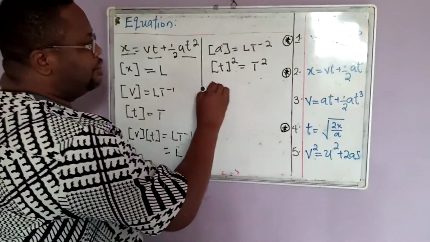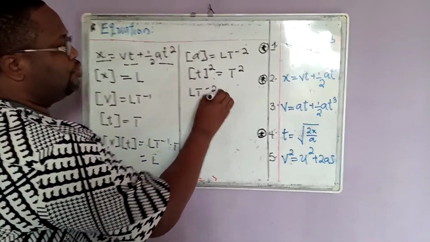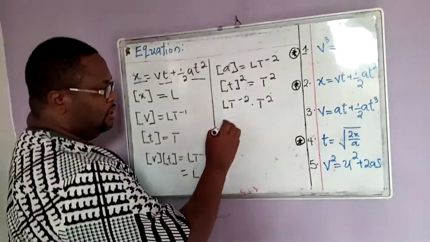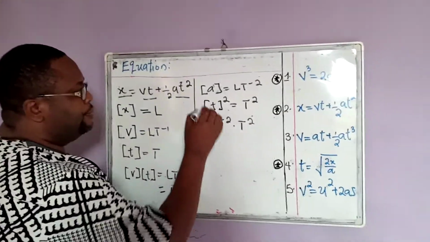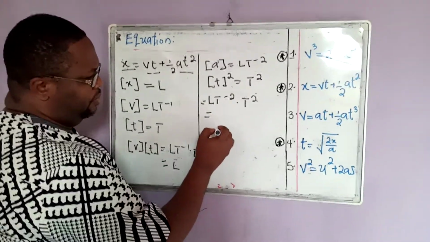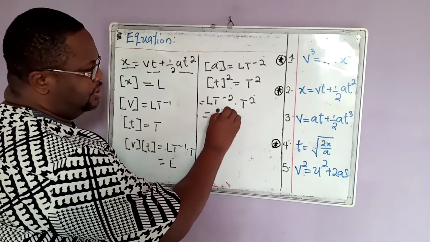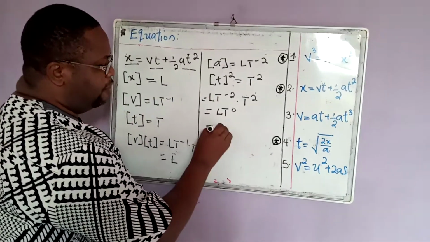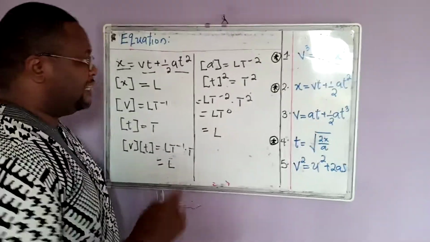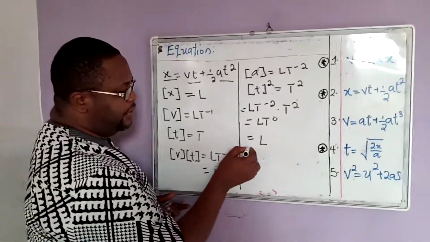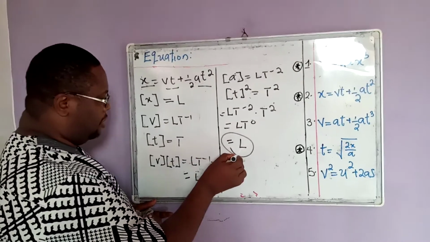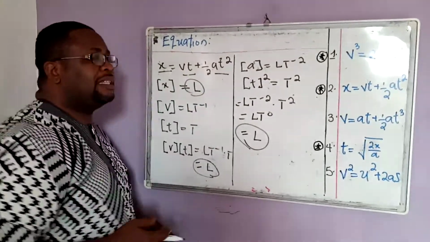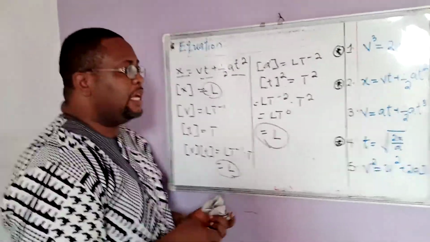When you multiply the two, you have LT^-2 multiplied by T^2. The exponent -2 plus 2 gives T to the power 0, which gives me L. So you discover that each term in this particular equation has dimensions of L, number 1, number 2, and then number 3. So that equation is dimensionally correct.